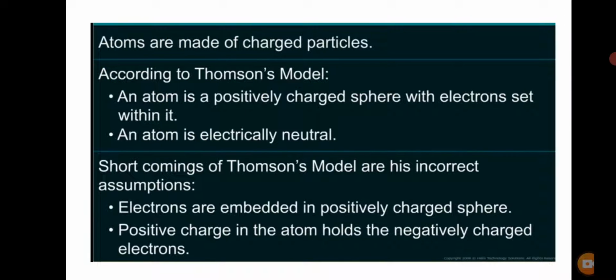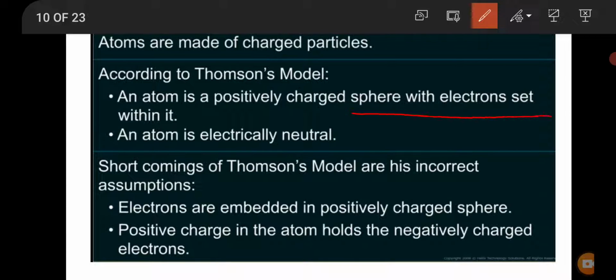So we can discuss the points. According to the Thomson model, an atom is a positively charged sphere with electrons set within it. Atom is electrically neutral. How? He said that the number of protons is equal to the number of electrons. Since they are equal in number, the atom is electrically neutral.